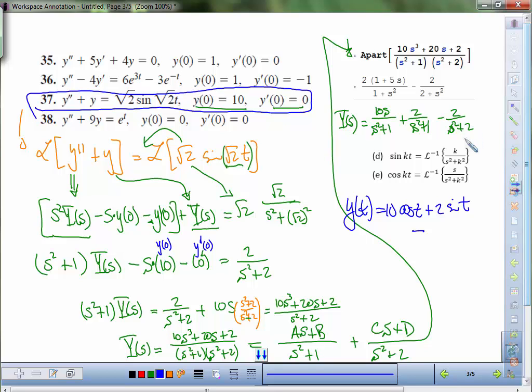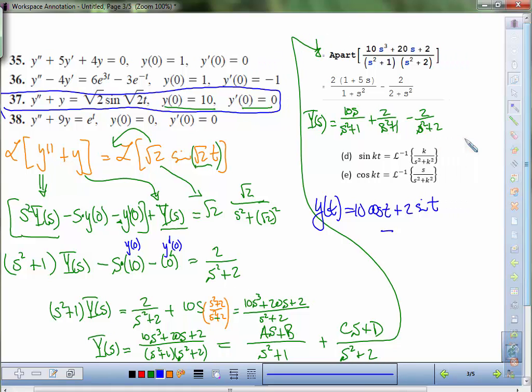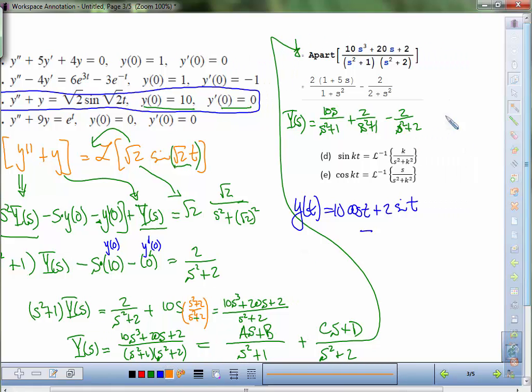So this might need a little bit more attention here. So the negative 2 is a constant that can come out. We got s squared plus 2. But I want to write that so that it's something squared. So what is 2 as something squared? Square root of 2.